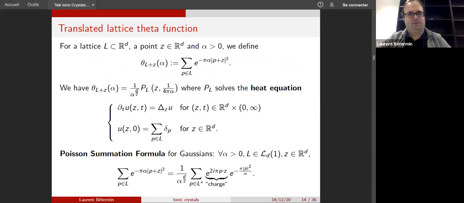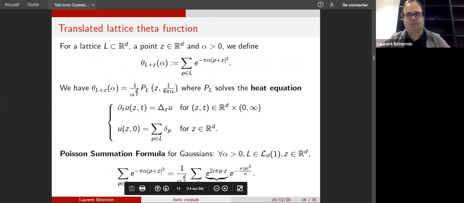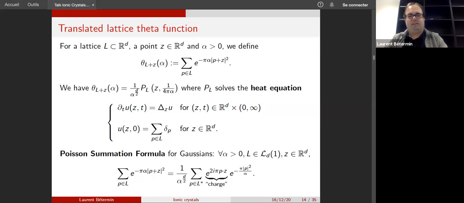And something related to this translated theta function is the Poisson summation formula, here for Gaussians. I won't explain it further, but it's something you also know. For any value of the parameter alpha, for any lattice of density 1, and for any z, you have this formula, which means that the translated theta function is equal, up to a certain number, to this sum on the dual lattice with this complex exponential times also a Gaussian, but the parameter is reversed.